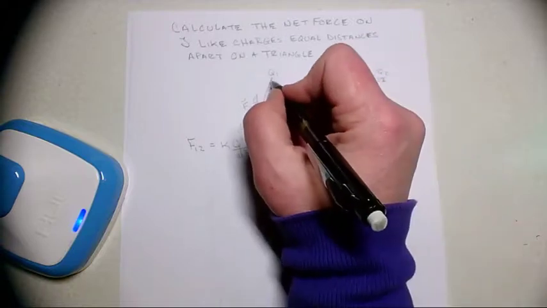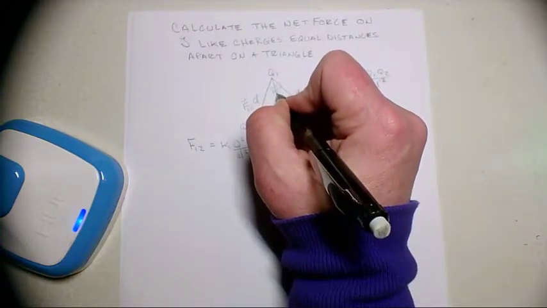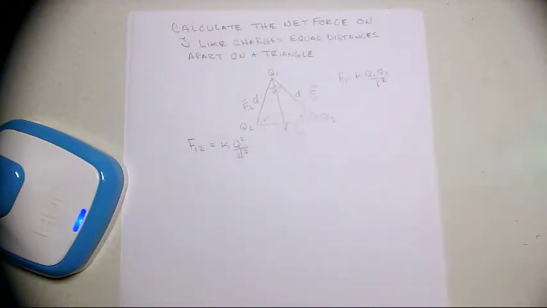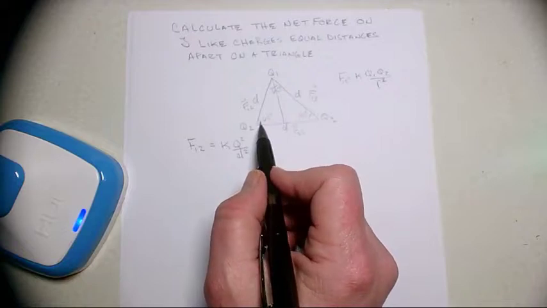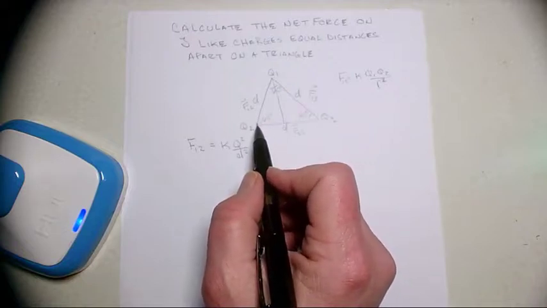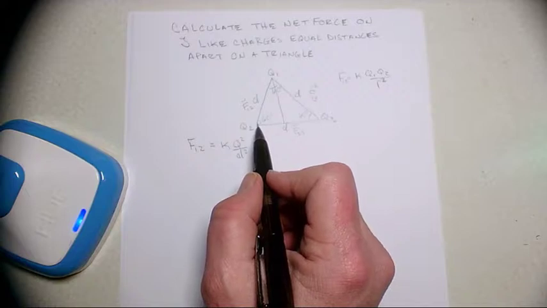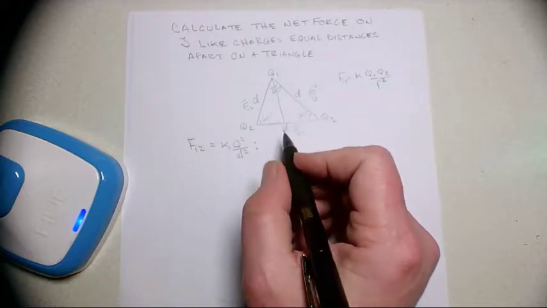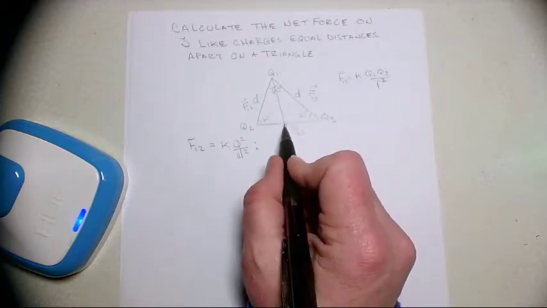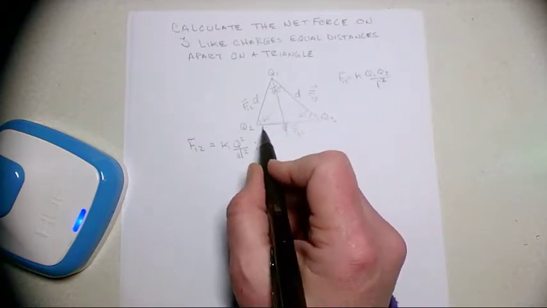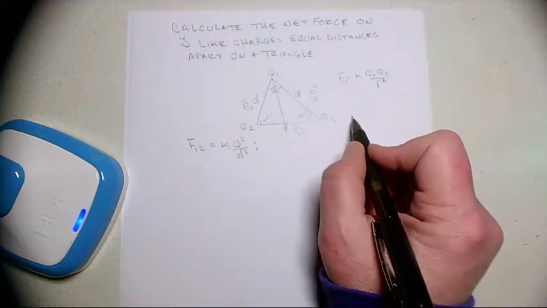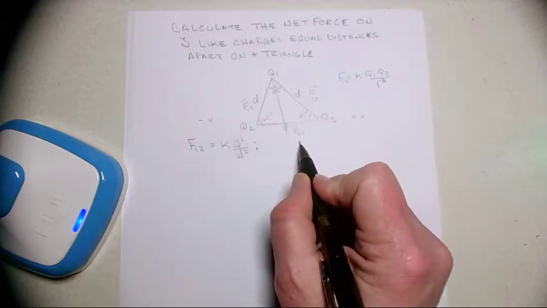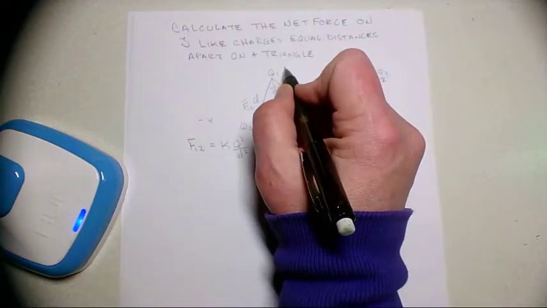To do that, we're going to pretend like I drew a good triangle with straight lines. Remember cosine and sine, so starting from Q2, the adjacent side will give us our x component, and we'll notice that it's in the negative x direction. I've split my axes here, so this would be positive x and negative x, and down here would be negative y, and up here would be positive y.